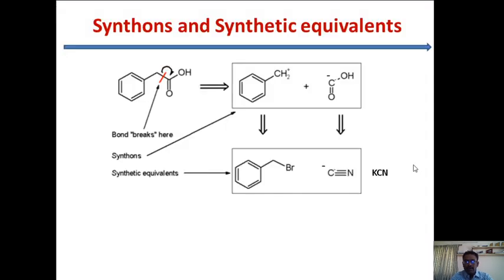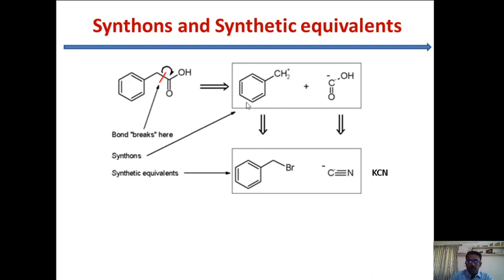So in the last class, we have seen how to do a retrosynthesis, what is the meaning of synthon and synthetic equivalent, how to break the bond, and what is the meaning of disconnection.